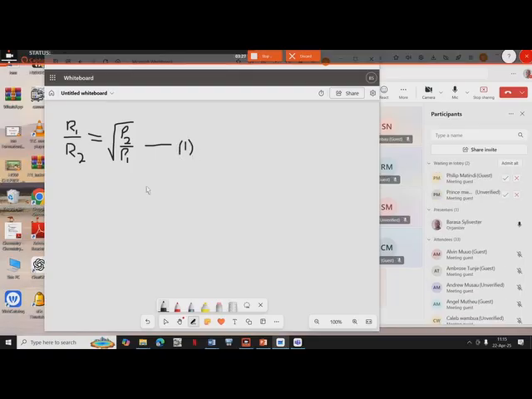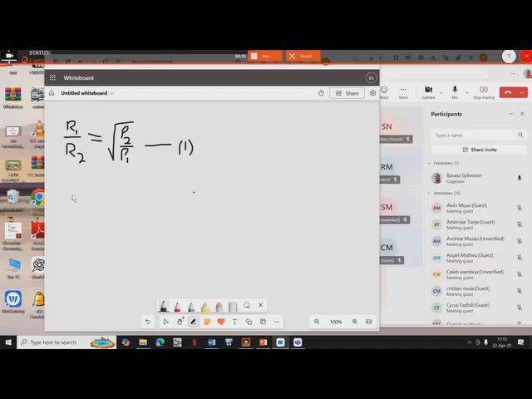Now equation 2, we can derive other equations around this equation because we know from Form 1 physics that density is equal to mass divided by volume. That therefore means density is directly proportional to mass.